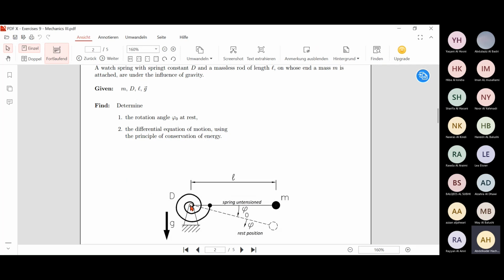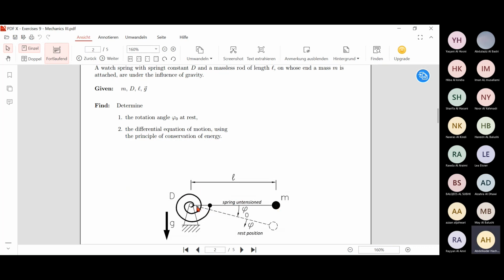This is what we call the wash spring, which is, let's say, spiral. The spring constant for this kind of spiral spring is D, instead of when we have a normal spring, the constant is C. And the massless rod of length L here.